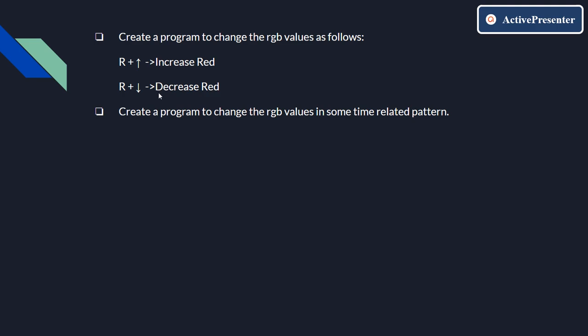So try to work out what it does, and in the next tutorial I'll give the solution of these programs, don't worry, but try to solve them on your own. And remember one thing, to learn the flow of a simple program, try to write these two programs from zero.